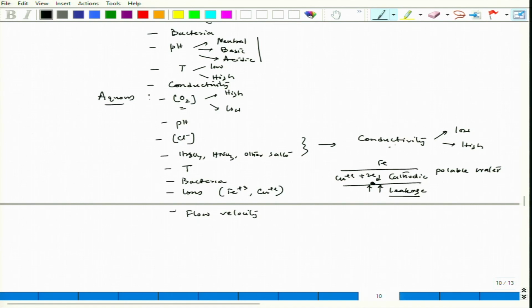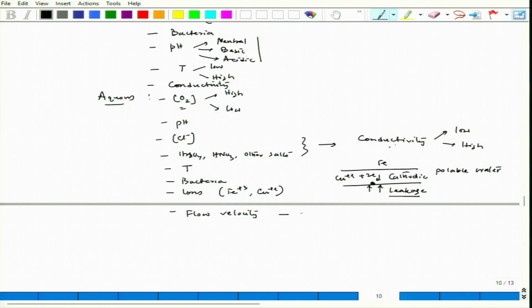The flow velocity, what it means is that whenever we have some aqueous medium, there could be stagnancy, there could be flow, and the flow could be very high, very low. Even when flow happens, that flow could be clean flow, or there could be a lot of dirt present along with the flow, and in every situation the corrosion pattern would change.